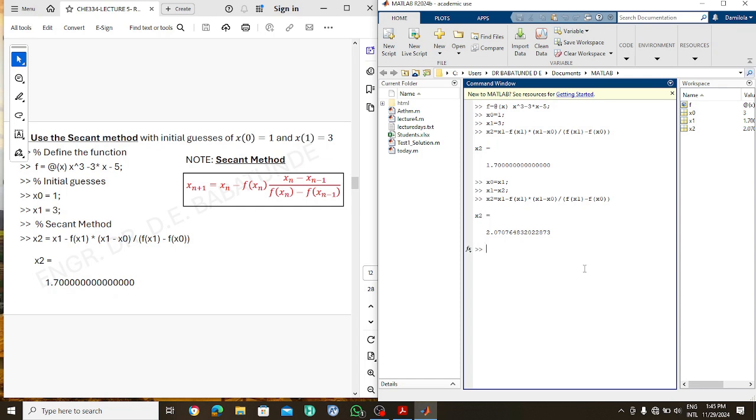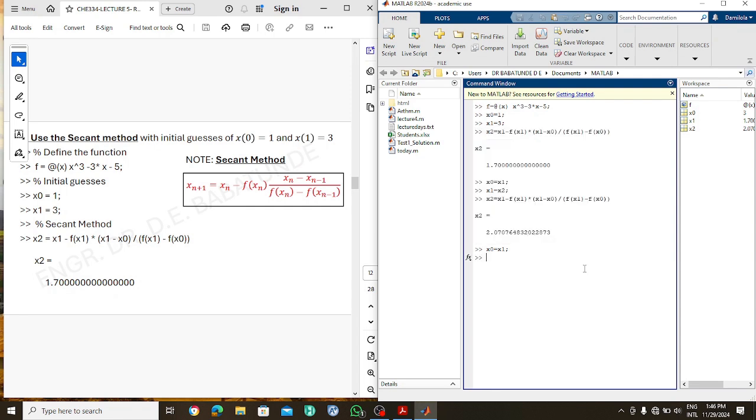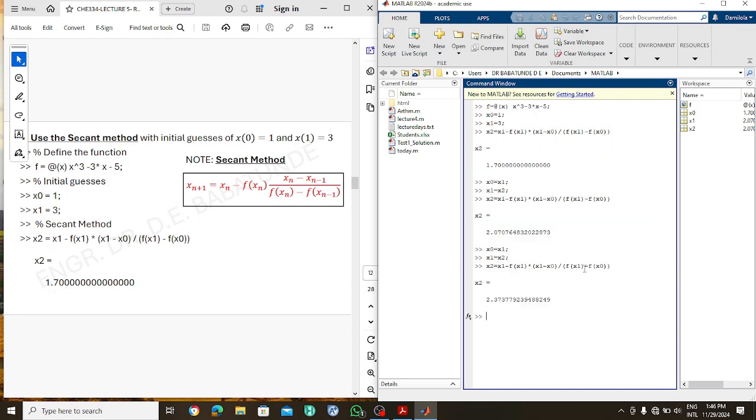So that's the value. If you compare 1.7 and 2.07, it's not near the tolerance limit. So what we need to do, we will set x0 to x1, we set x1 to the current x2, then we do the x2 computation iteratively. Okay, it's still not close enough, right?